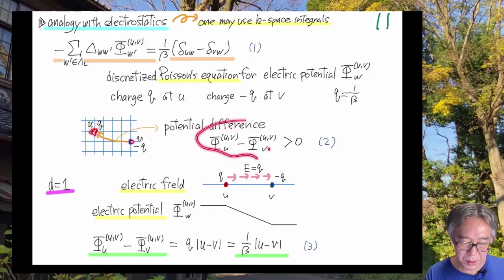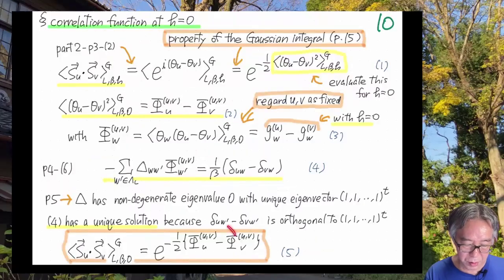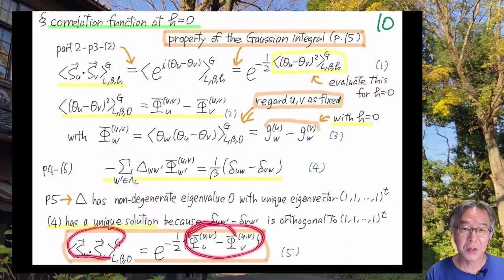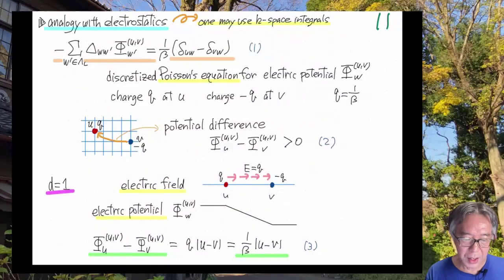This difference plays the essential role here in determining the correlation function. So our task is to obtain the electric potential phi and take this difference. Again, you can do it using a k-space integral, but the analogy with electrostatics is sufficient.